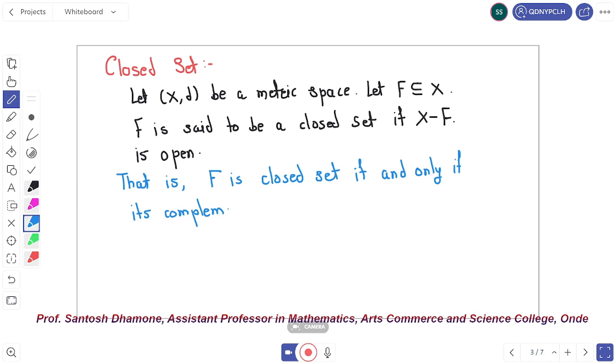First, let capital X be equal to R, the real line, and capital F equal to the closed interval 1 to 2.